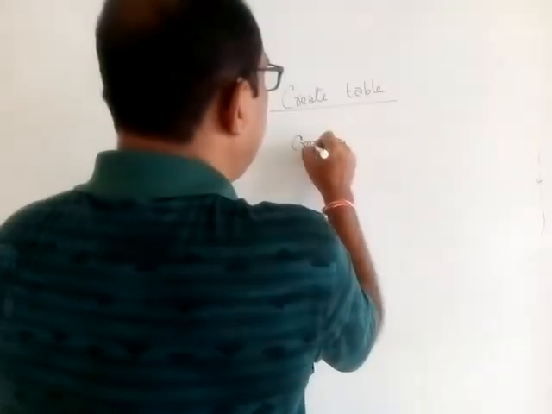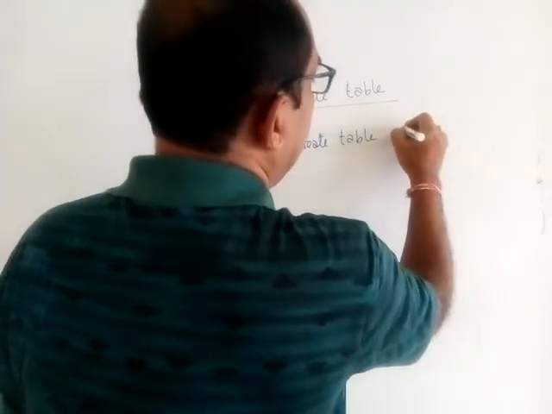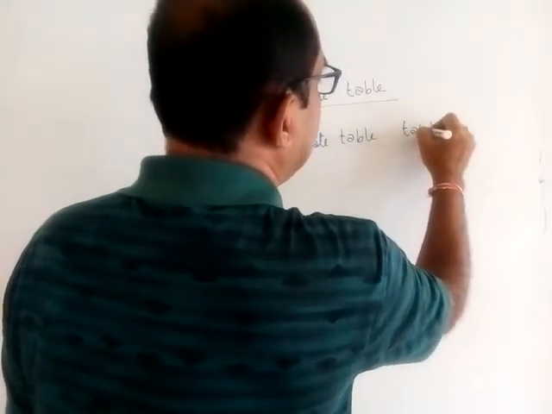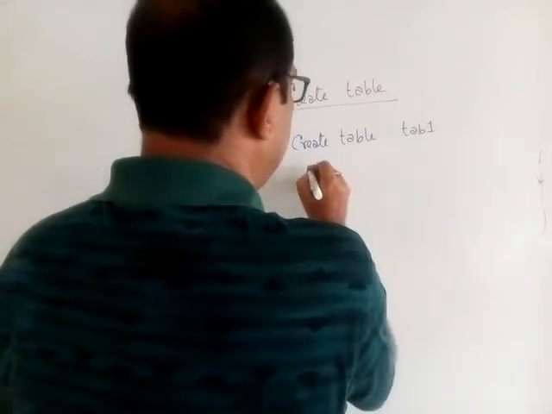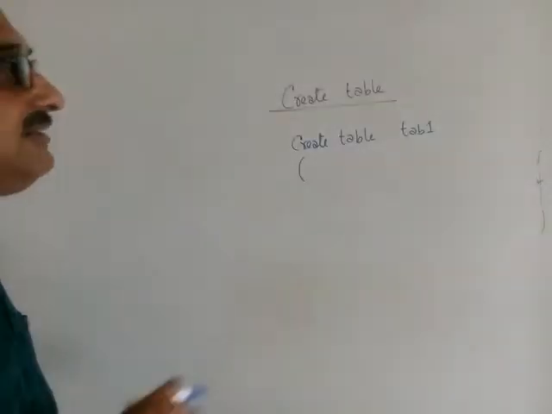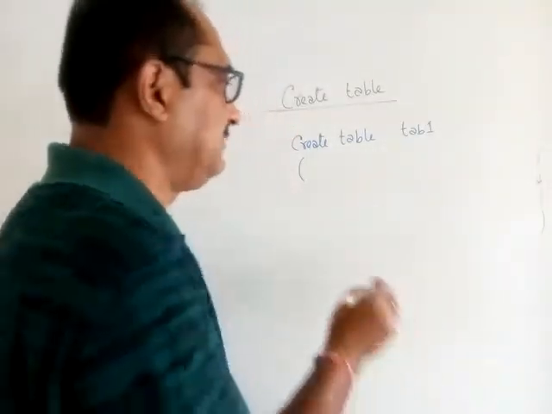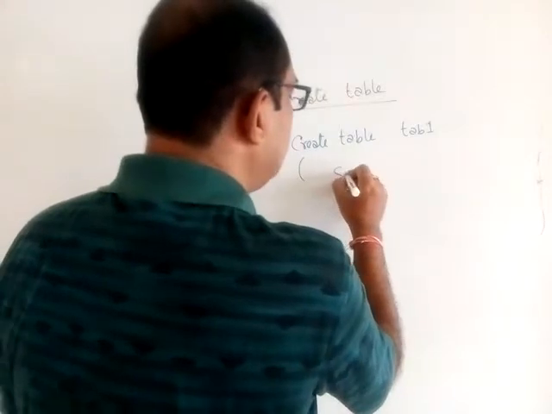If you remember, we did create table name. Say I name my table as tab 1, right? And then within a pair of simple brackets, we write all the fields and the data types of the fields basically. So say first of all I took a student name.